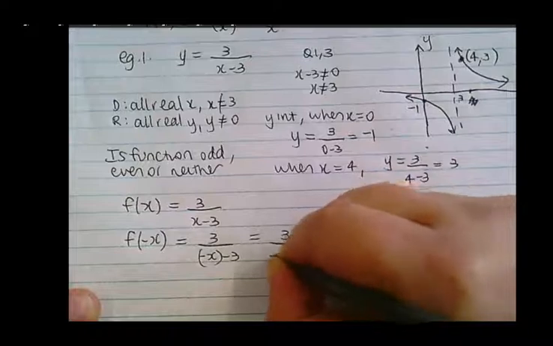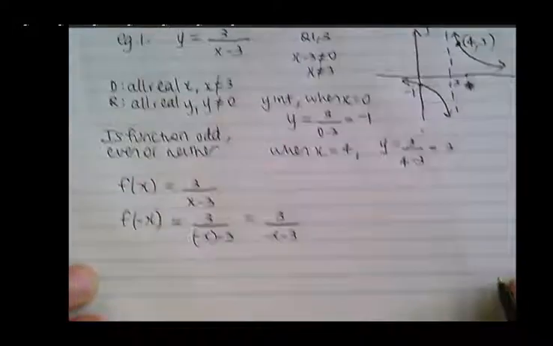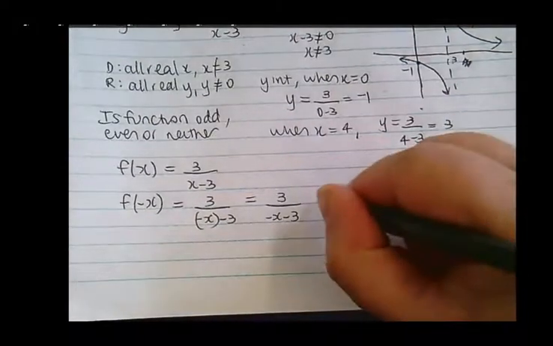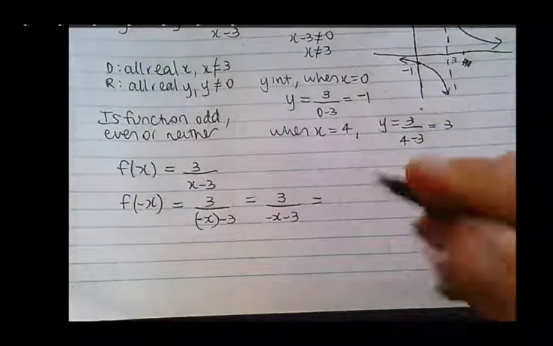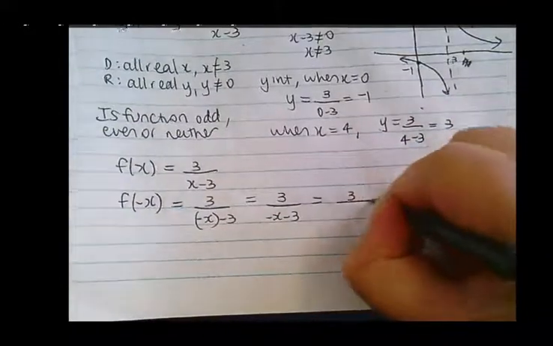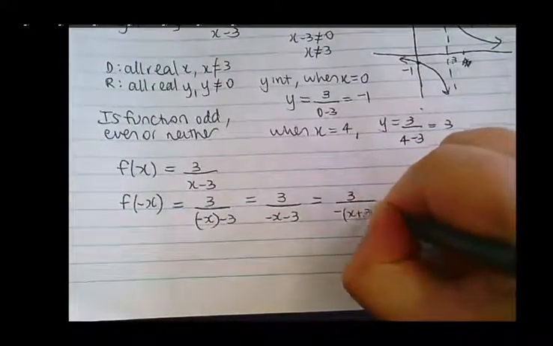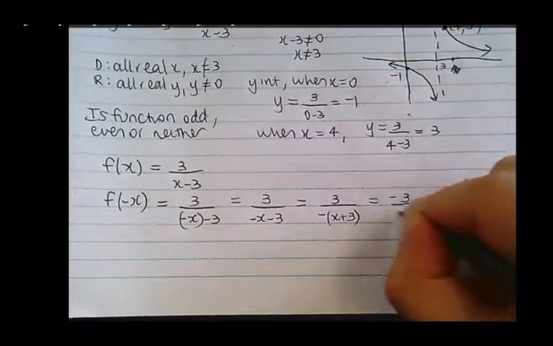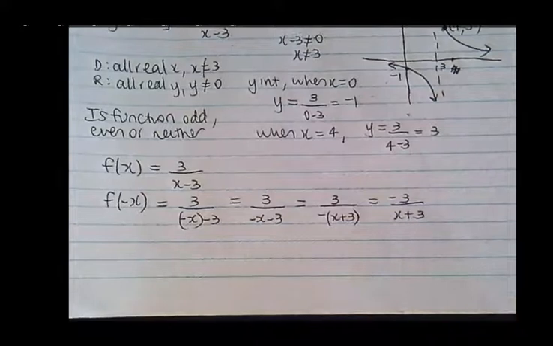Now, you know how I've got those two negatives on the denominator? Watch what I'm going to do. I'm going to go 3 over negative x plus 3. You okay with that? Isn't that the same as negative 3 over x plus 3?